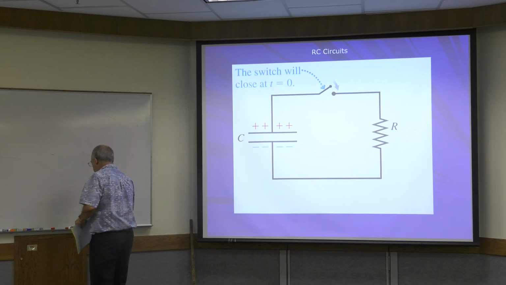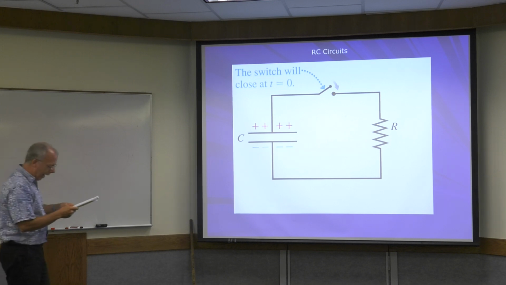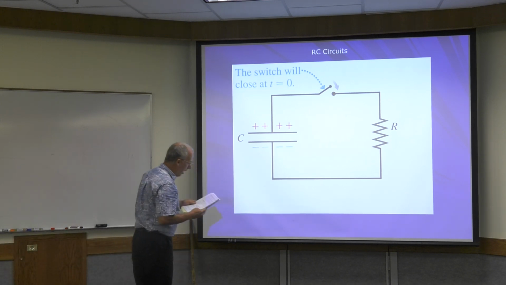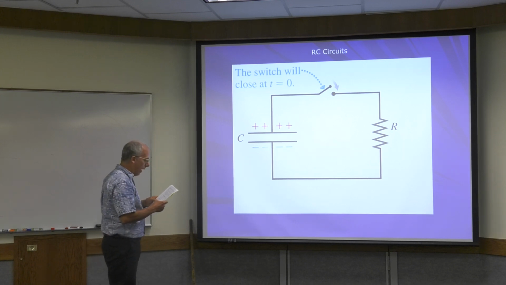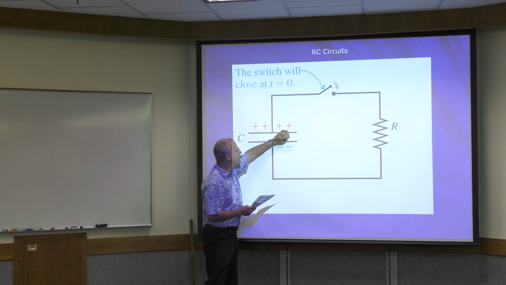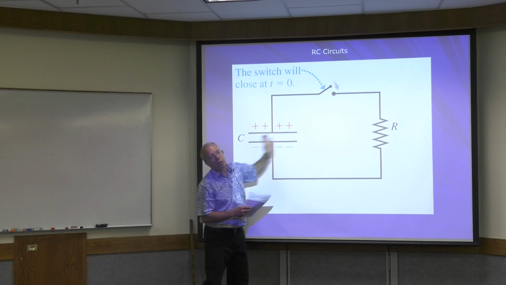Okay? So what we want to talk about is the charge as a function of time on the capacitor. How does the charge on the plates vary with time? Now, think about it. At first, there's a bunch of positives there and there's a bunch of negatives there. So as soon as you close that switch, there's going to be a huge current, right?